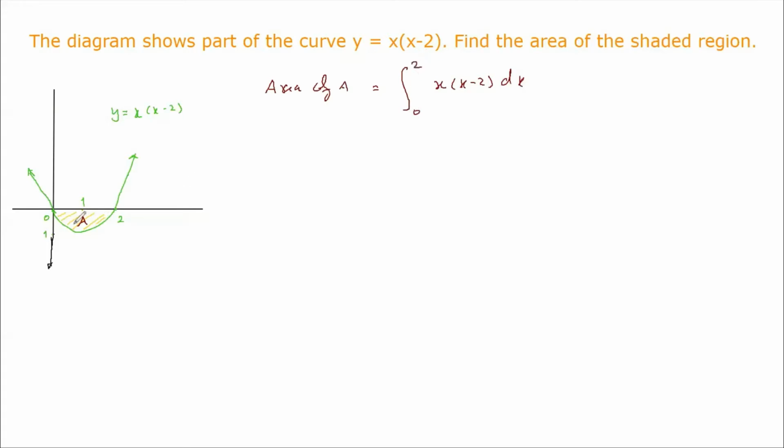But now observe, this area is under the x-axis. So this is the negative side, right? The yellow color here is under the x-axis. So this area should be negative. So you have to negate the whole thing here, like the negative side here.